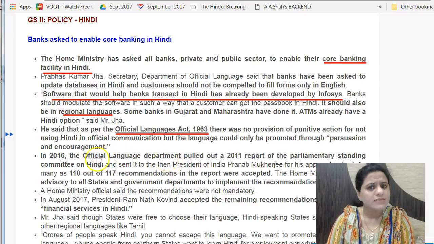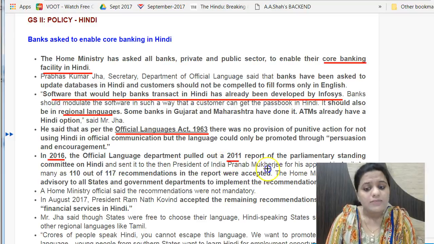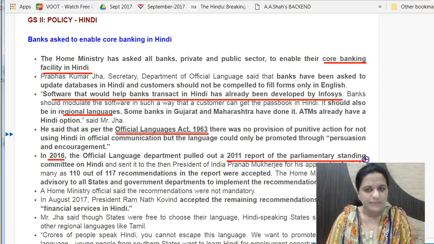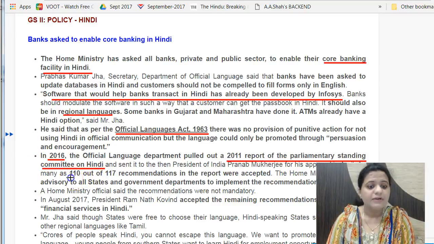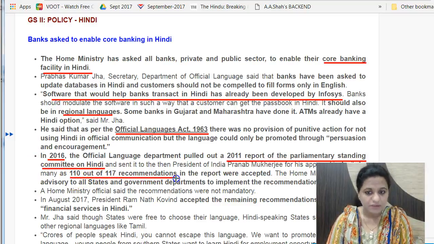In 2016 the government initiated steps. The Official Language Department picked up the 2011 report of the Parliamentary Standing Committee on Hindi and accepted 110 out of 117 recommendations of the report, and advisories were sent to all states and government departments to implement the recommendations. So this is endorsement of the Hindi language.